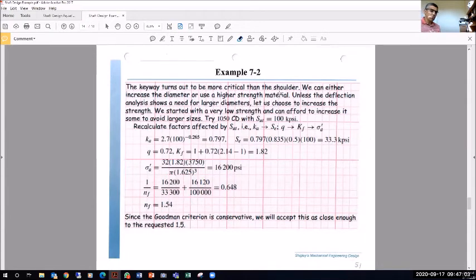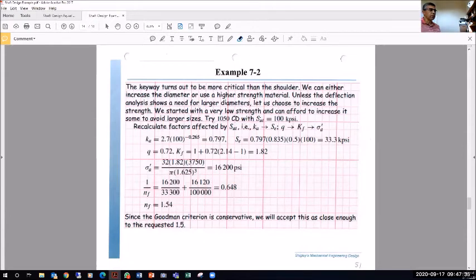And that's why for homework 4, I said it may seem like this is the most critical location, but I have to check every time I have a variation in my geometry, whether due to a keyway, a shoulder, a groove, you name it.